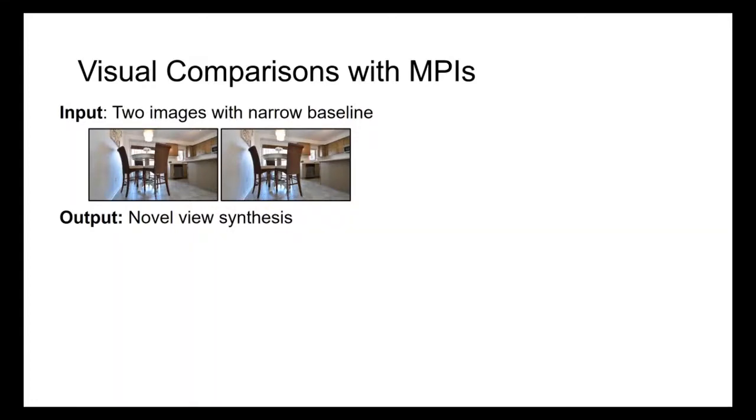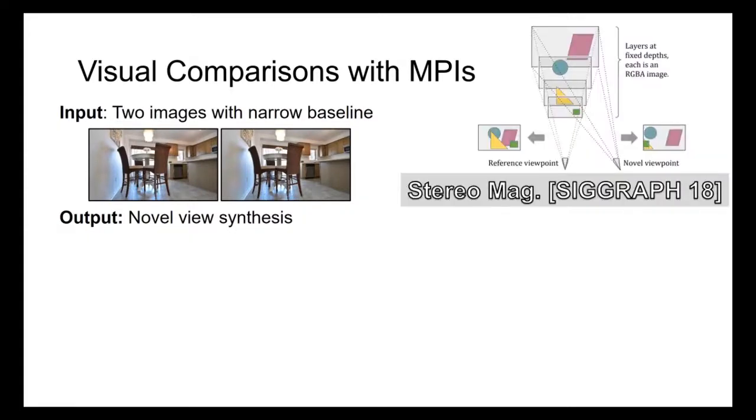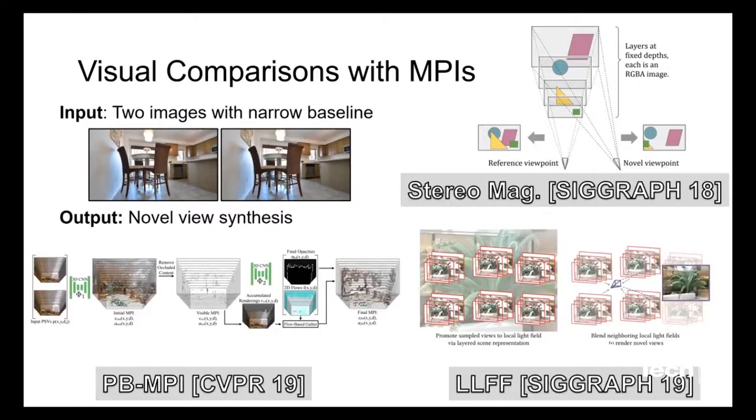All right. Okay. Awesome. Okay, so let's see some comparison. We first compare with some methods that use multi-plane image representation. These methods take two images of narrow baseline as input. Typically, these two images could come from a stereo camera on your cell phone, and they want to produce an MPI. There are several different methods that enable this using these algorithms.